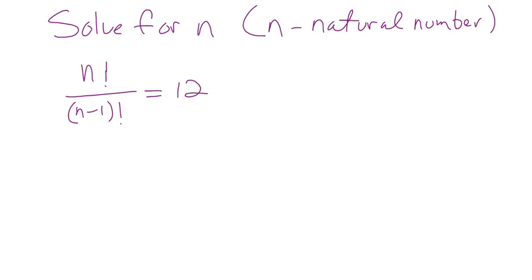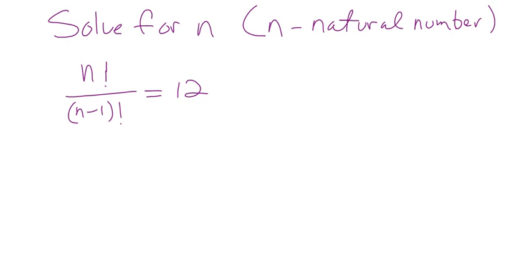Okay, some number divided by some number minus 1 factorial is equal to 12. So how are we going to solve this? Well, one thing to do is we could just work the left-hand side, right?